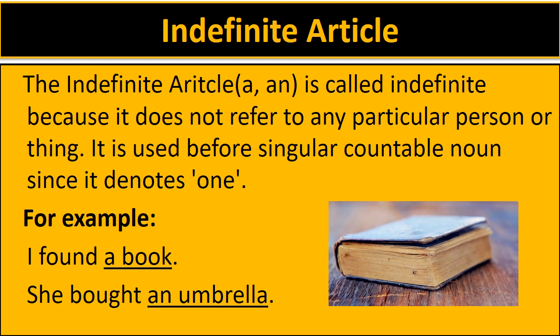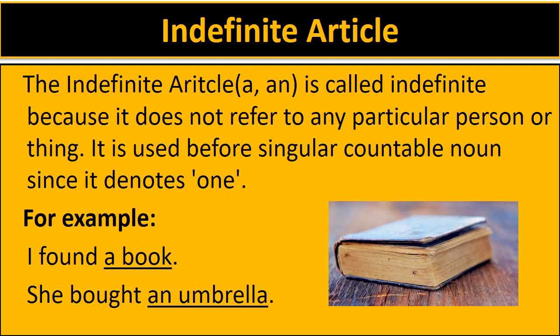Let's see some examples. I found a book. A book, here I am not talking about any specific book. We are talking about a book in general, any book. She bought an umbrella. It means she bought one umbrella, any umbrella, not any specific umbrella. That's why we have used an here.